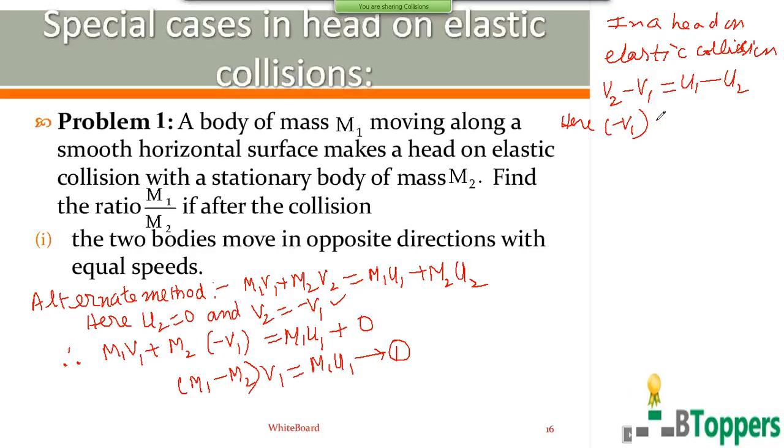You can write u2 is 0. So you get minus 2v1 equal to u1. So you can substitute the value of v1 in terms of u1 from the second equation into the first equation.